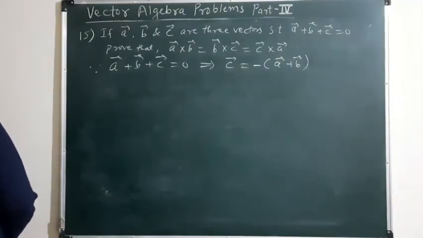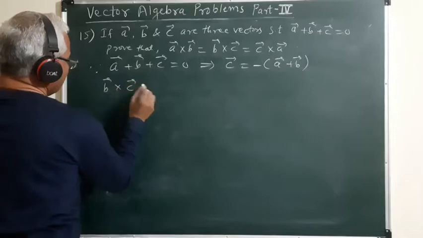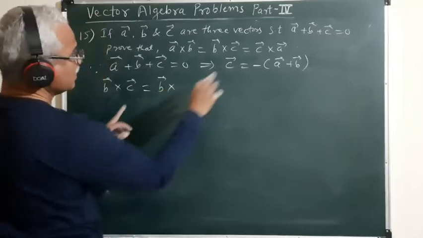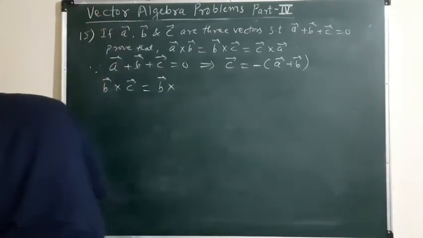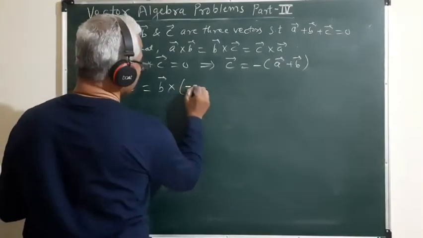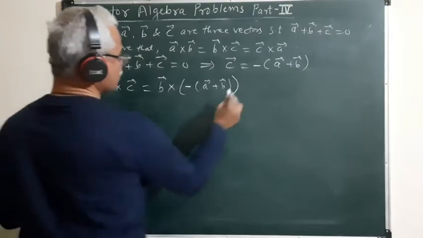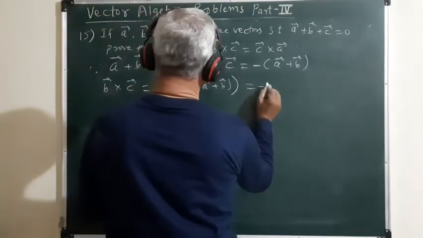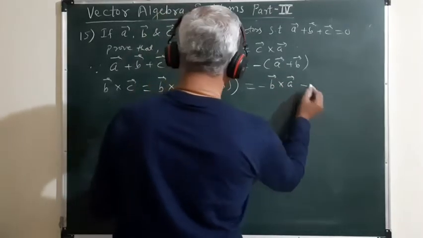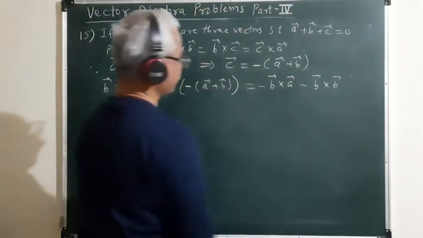So let us first evaluate b bar cross c bar. b bar cross c bar can be replaced by b bar cross minus of a bar plus b bar, which is equal to minus of b bar cross a bar minus of b bar cross b bar.